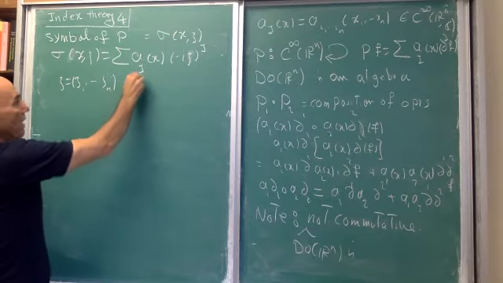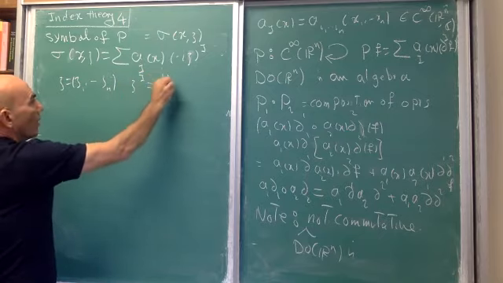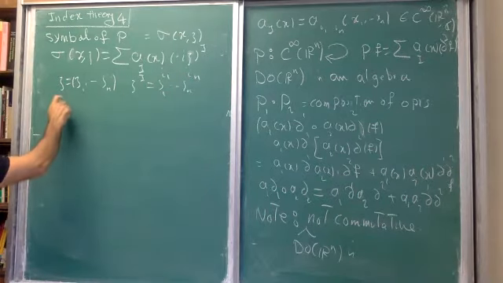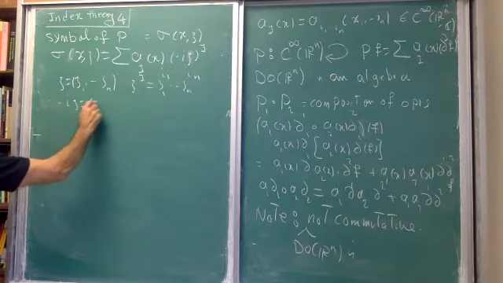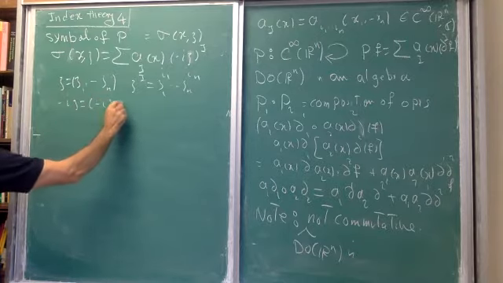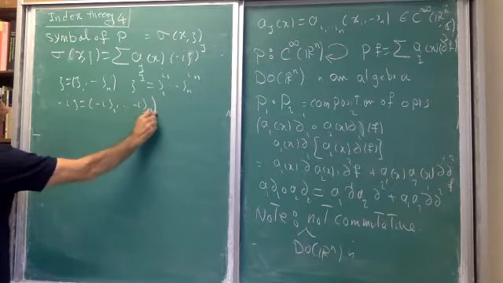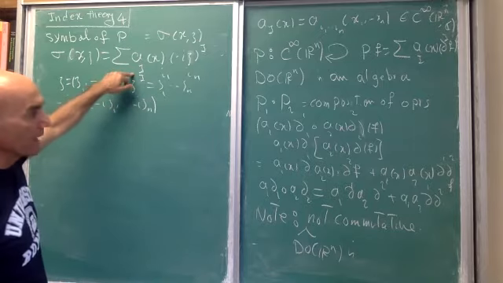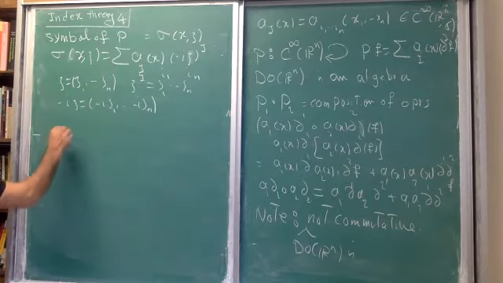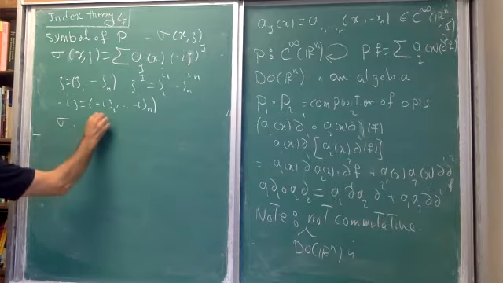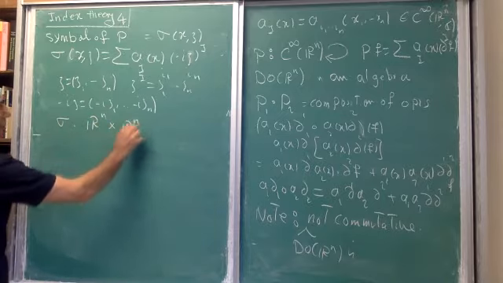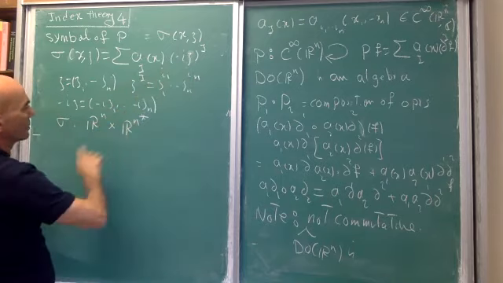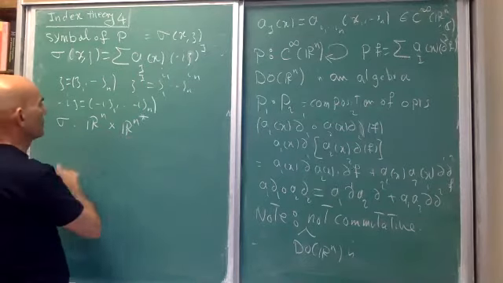When I write xi^I, I mean xi_1^i1 ... xi_n^in. And minus i xi just means (minus i xi_1, ..., minus i xi_n). So the symbol is a function of 2n variables, and it's very important to think of the second variable as belonging to the dual vector space. Right now it doesn't matter much, but soon it will.